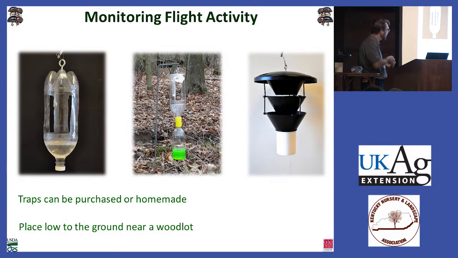You will see people mentioning the use of antifreeze as a preservation technique or as a killing agent, and that's fine. We use it for research purposes, but if you're using this type of trap, you don't want to put antifreeze where it could then be easily consumed by a pet or wildlife.